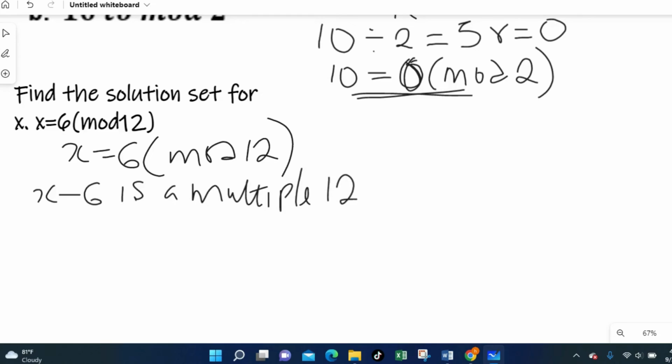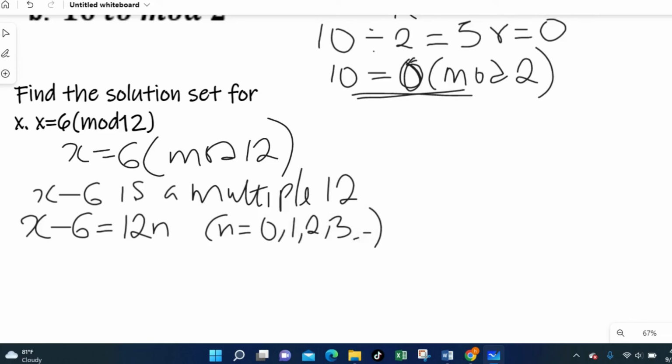So any number within this range, x minus 6, is equal to 12 times n, where n will be 0, 1, 2, 3, and on and on. To find the solution set, all we need to do is input all these values as n, then we'll see what x will be for each.